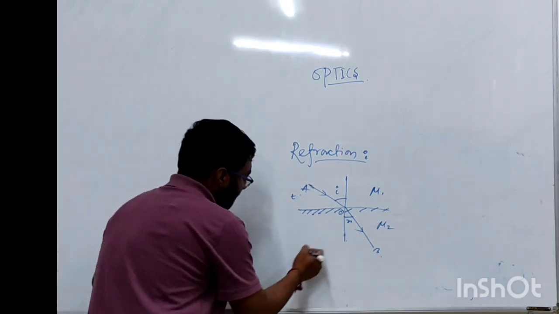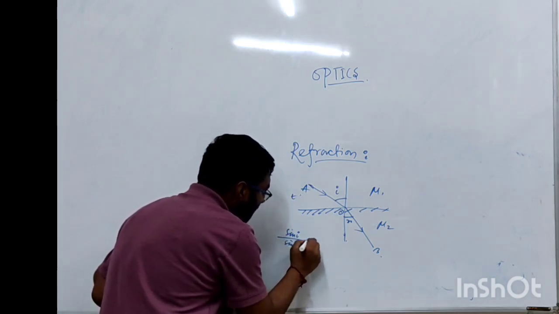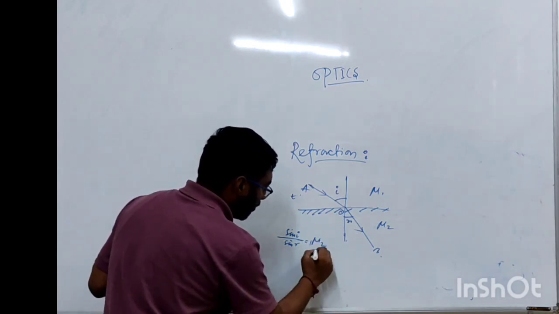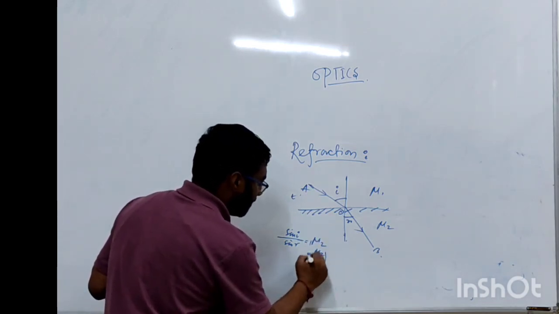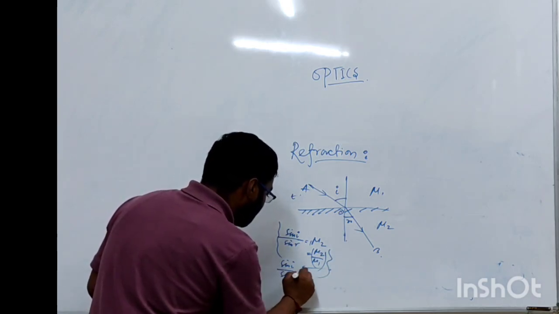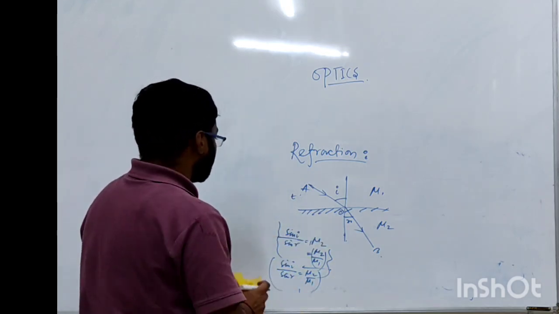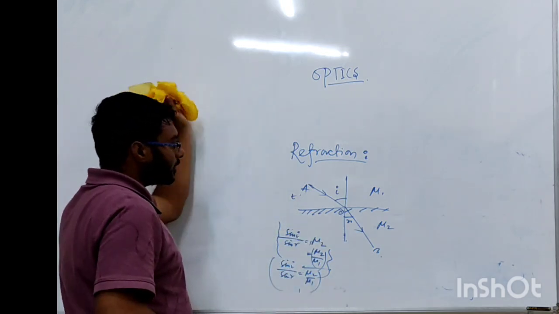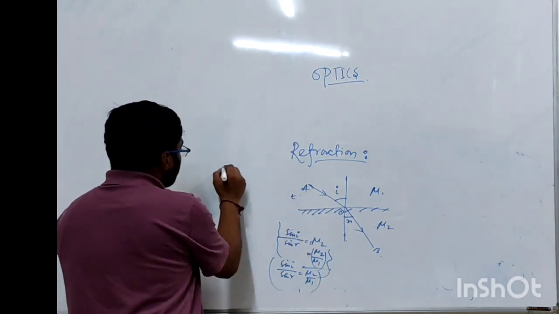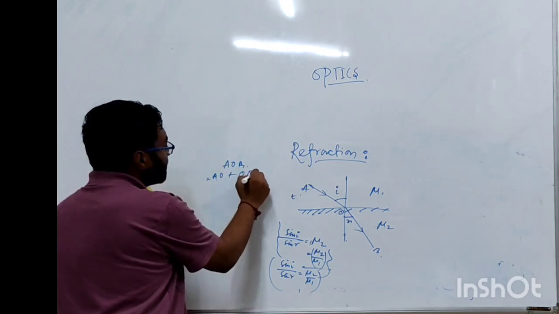And the second law is sin I by sin R should be equal to mu2 by mu1. So using Fermat's principle we have to prove this. At first we have to calculate the optical path AOB equal to AO plus OB.